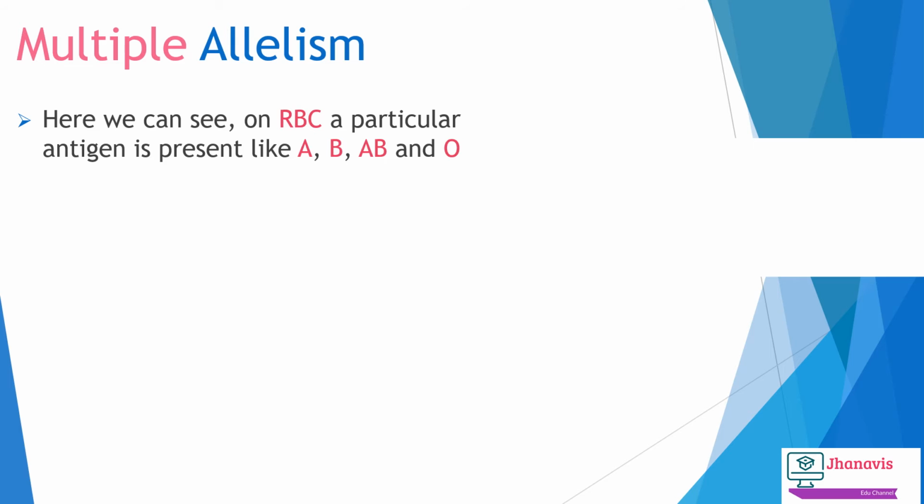So when we talk about multiple allelism, remember the RBCs have a particular antigen on them. The antigen which is present may be antigen A or antigen B, or in some RBCs both A and B antigens are present, but in some RBCs nothing is present. You can see clearly what type of antigen is present in what RBCs and what name is given.